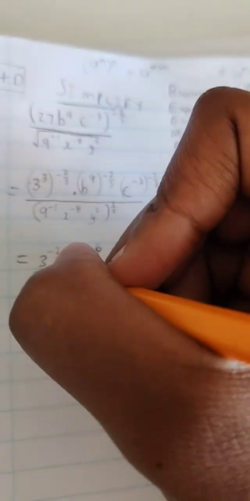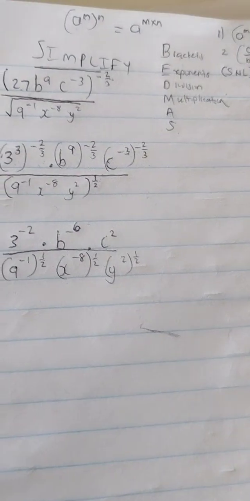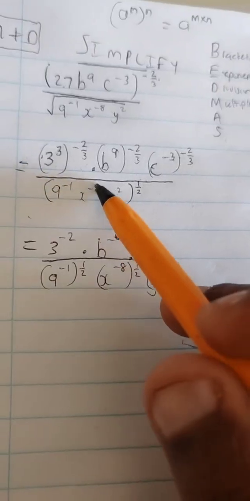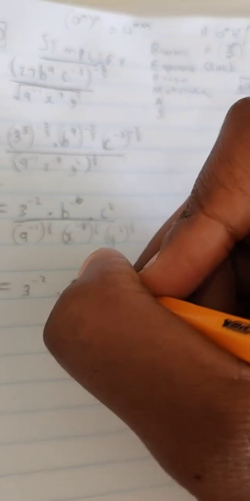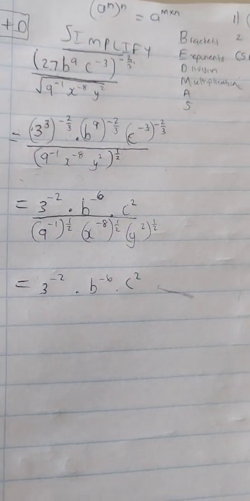So we're going to say 9 to the power -1, x to the power -8, and lastly y to the power 2. So we are distributing that exponent half to all of the respective exponents for the different bases. Okay, so for now, let's keep that 3 to the power -2, let's keep that b to the power -6, and let's keep that c to the power 2.